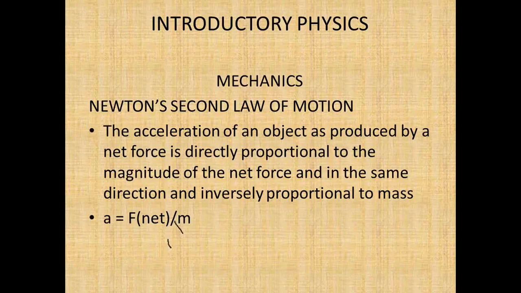The greater the magnitude of the net force, if you look right here, and so again, acceleration is equal to the net force divided by the mass. So the greater the net force, the greater the acceleration. The greater the mass, the less the acceleration. So the acceleration is directly proportional to the net force and inversely proportional to the mass.